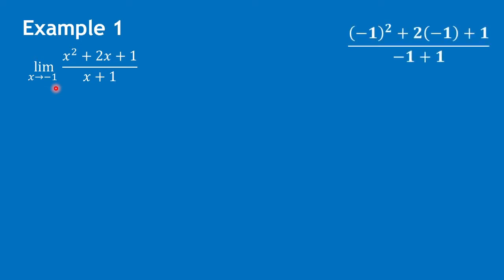If we try to substitute negative 1 to the given function, we would be having the square of negative 1 plus 2 times negative 1 plus 1 over negative 1 plus 1. So this is in indeterminate form because upon substitution, we have 0 over 0. Therefore, we need to do another work to identify the limit of this function, and that would be factoring.